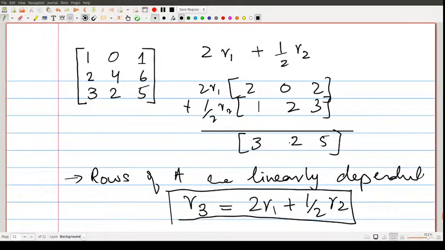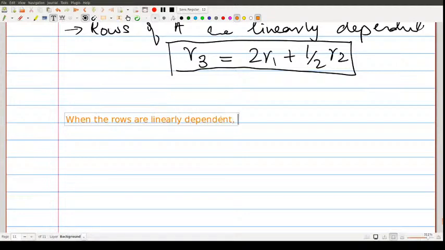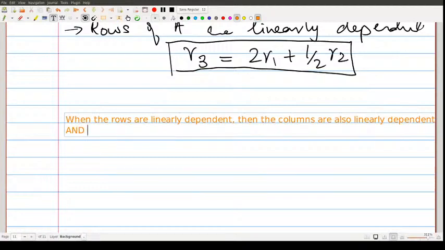So again, the important thing to remember is that we've discovered an important fact, and the fact is that when the rows are linearly dependent, then the columns are also linearly dependent, and the inverse does not exist, right?